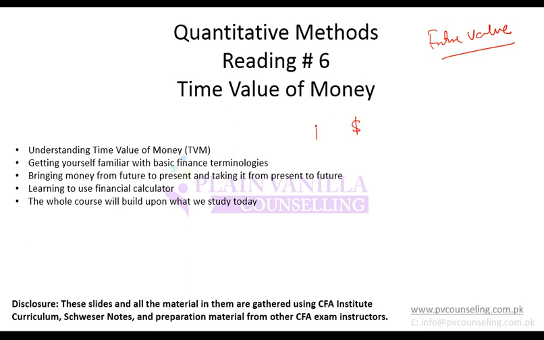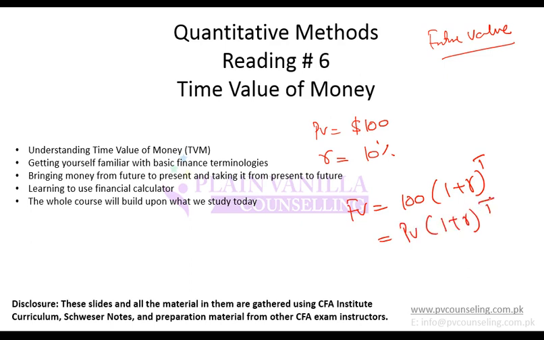Simply, if you have a present value of $100, for example, and if you are told that the return or the required rate of return or the interest rate is 10%, future value can simply be calculated by multiplying 100 with 1 plus r to the power t, or present value multiplied by 1 plus r to the power t. So in this example, it will be 100 multiplied by 1.1 to the power, let's say that time period is 1 year. So 1. This will be your future value, correct?